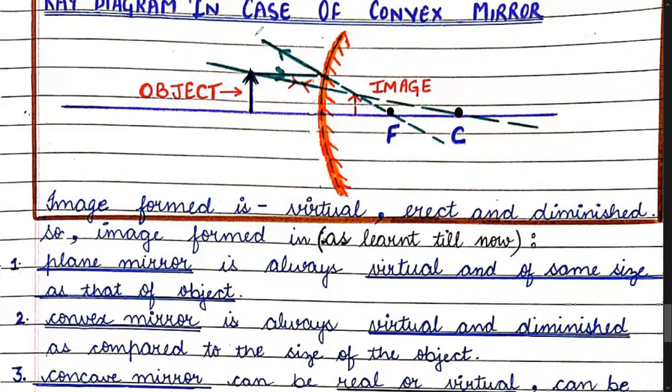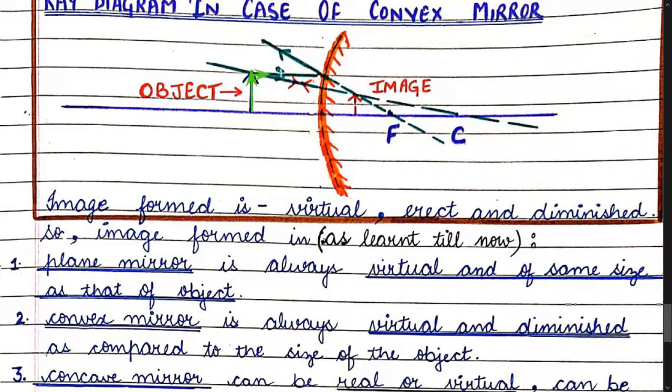We have already discussed in the last week that in case of a convex mirror, the focus is lying inside and it is known as virtual focus because it's not real and it is not outside the mirror. So students, now first we will be taking an object lying in front of a mirror.